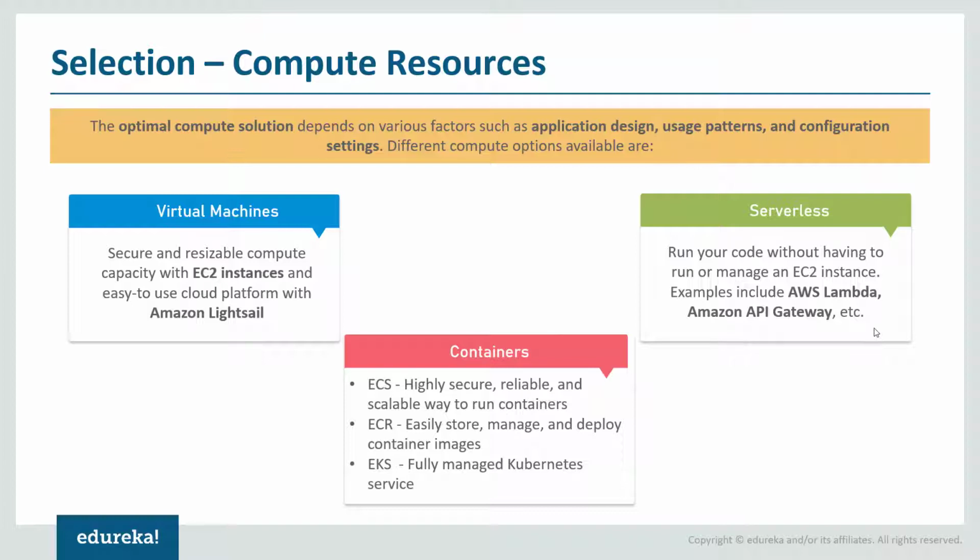No, I don't want to use containers. I want to be more efficient. I want to break down my application into very small pieces. What we can do is implement serverless with AWS Lambda and API Gateway, which can give you better throughput for a cheaper cost and can run only whenever required or whenever needed. So these are the things that you need to consider when you are choosing compute resources.